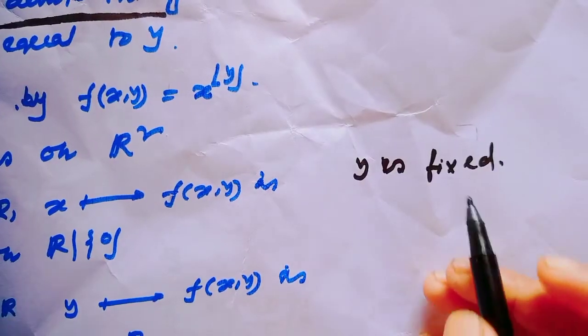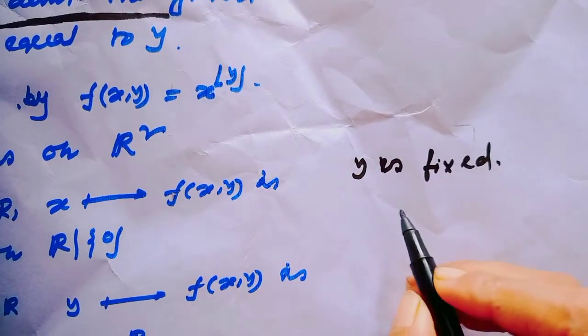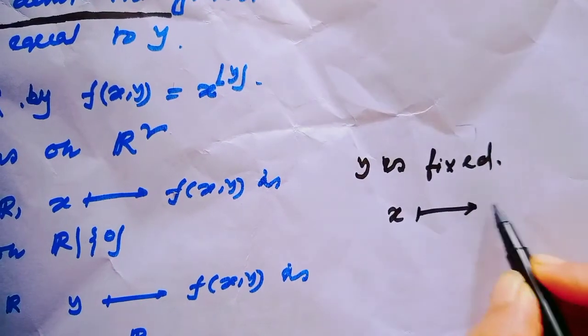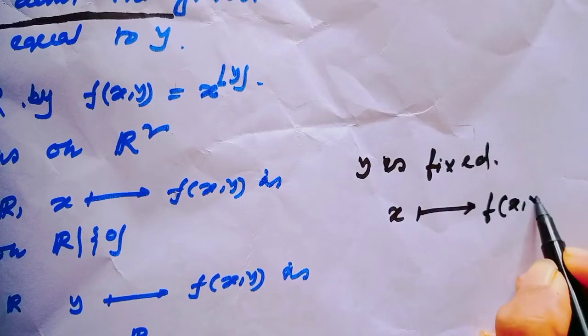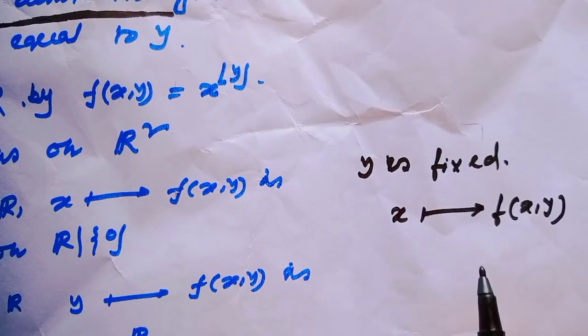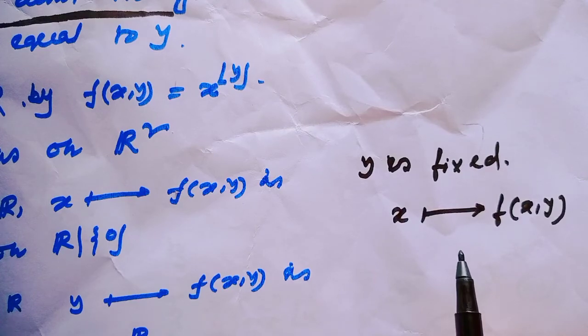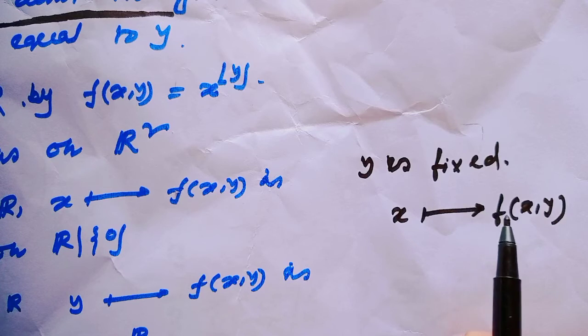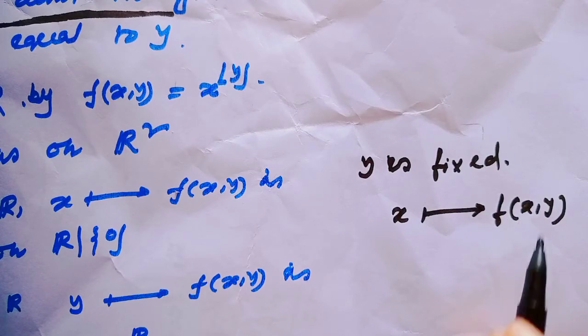Since here y is fixed and the function is defined as x maps to f(x,y), this function, our given function for this criteria, will now represent only one variable.